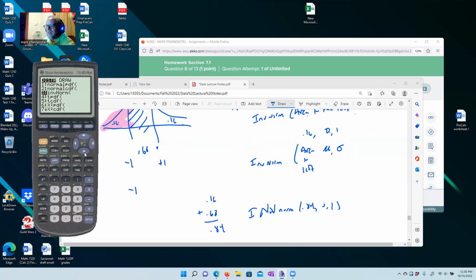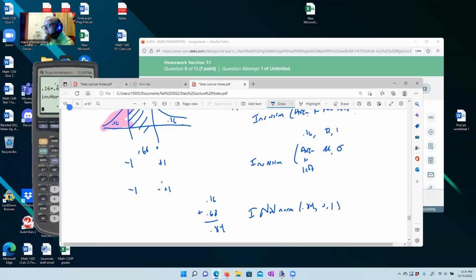We're going to pop down to where it says INV norm. Okay. The probability we want is to the left of this line. That's going to be the 16% plus the 68%. So 0.84. Are there other ways you can get it? Yes, there are. Okay. Comma, 0, comma 1. And I should be getting something very close to 1. We got 0.994457. Okay. We're going to call that 1. Okay, because that's the answer they really want.